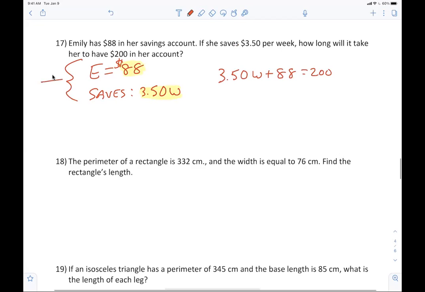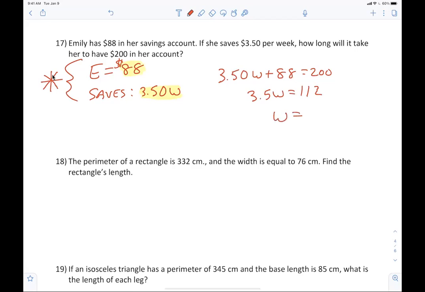This is just getting your thoughts organized. Now we're going to solve it. So what do I do first? Minus 88. Yep, minus 88. So now 3.5 W equals what? 112. And now what do I do? Divide by 3.50.